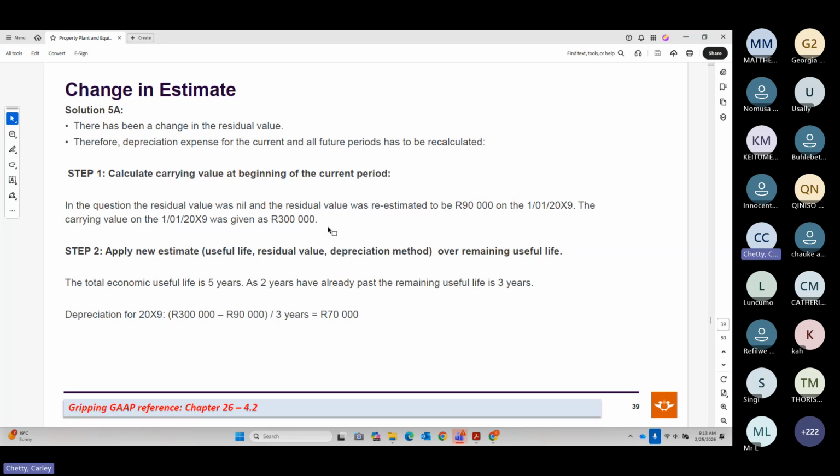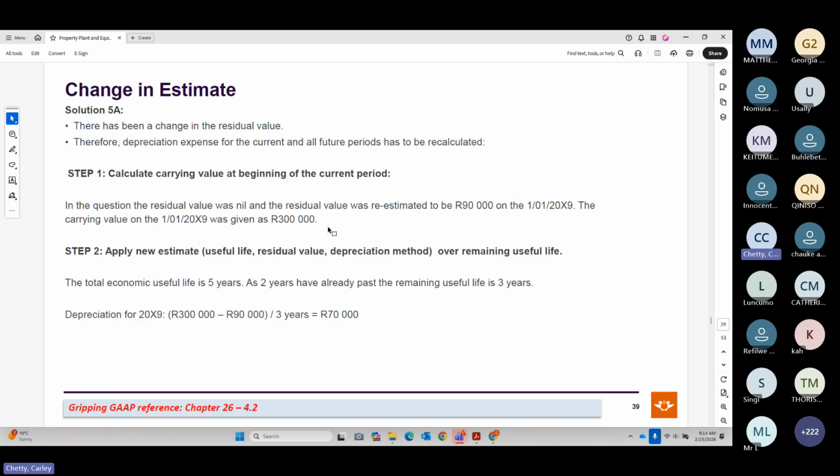So remember, the total economic useful life at the beginning of this asset's life was 5 years. 2 years have already passed, so we are going to be depreciating the carrying amount now over the remaining useful life, which is 3 years.